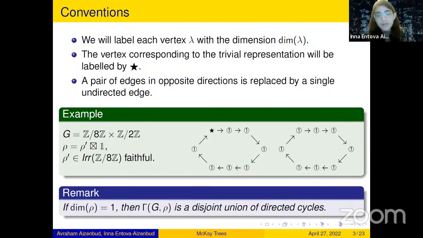In this case, I took the product of the cyclic group on 8 elements with the cyclic group on 2 elements, and the cyclic group on 2 elements gave me precisely 2 components. And in general, it is really natural to expect to obtain graphs which are disjoint unions of directed cycles, because this is exactly what happens whenever we take our representation rho to be of dimension 1.